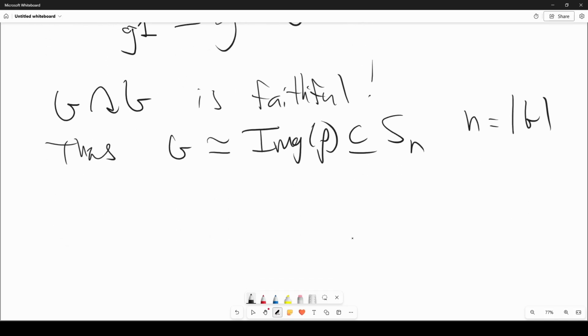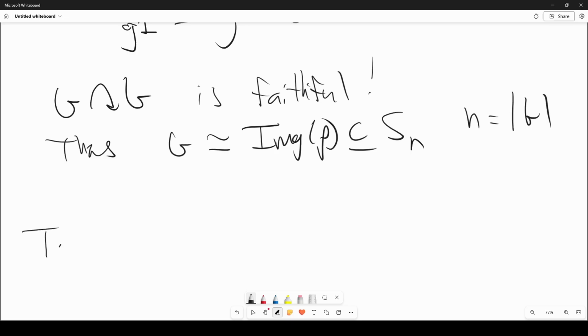And so the main takeaway you should get, generally, is that you can think of groups or abstract groups as kind of just permuting elements in a way. Like, let's say if I take an element G in a group, how it multiplies everything is kind of just like permuting all the group elements.